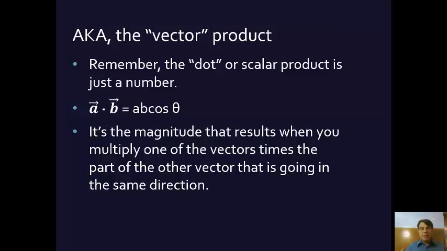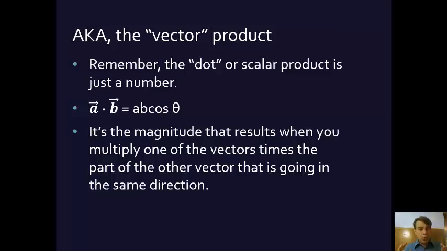And when you build triangles and use trigonometry, that basically ends up saying that the dot product of vector A and vector B is AB cosine theta, where theta is the angle in between the two vectors.